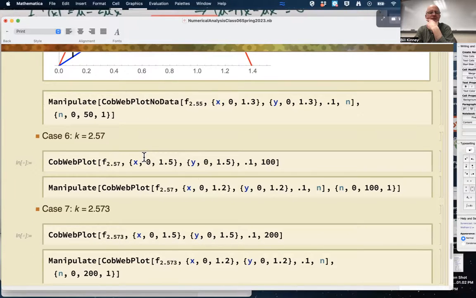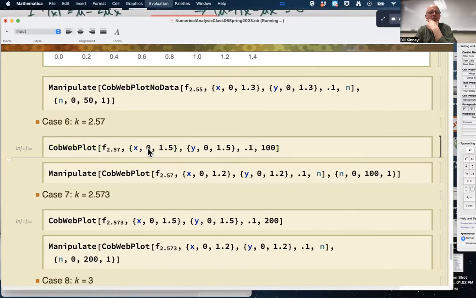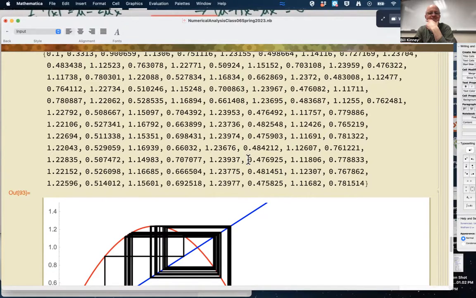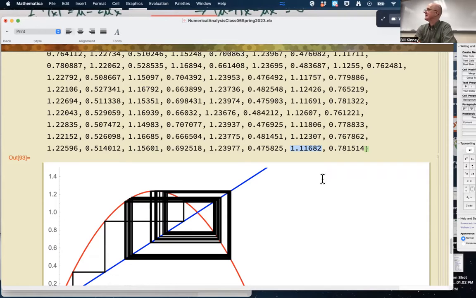I'm not going to animate it. K is 2.57. You could argue maybe based on comparing, say, this number and counting in between, that we're approaching a 16 cycle. The period keeps doubling. It's called period doubling.